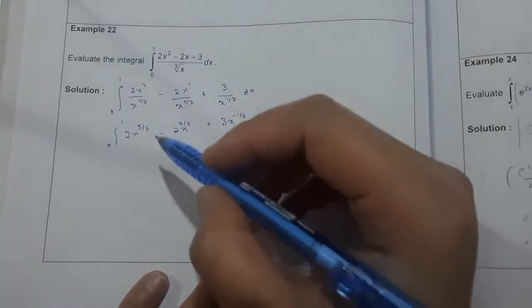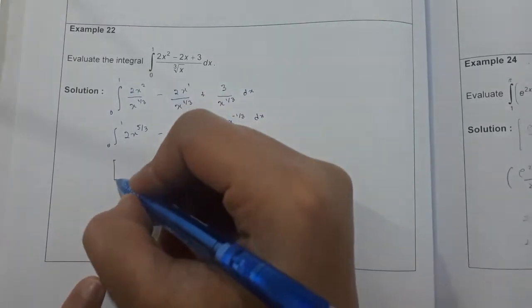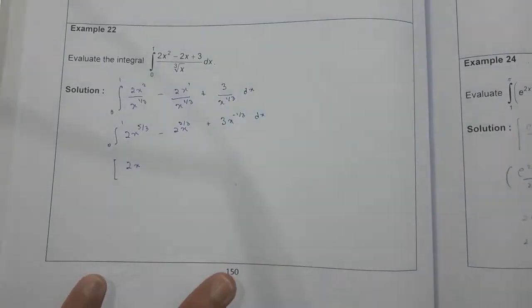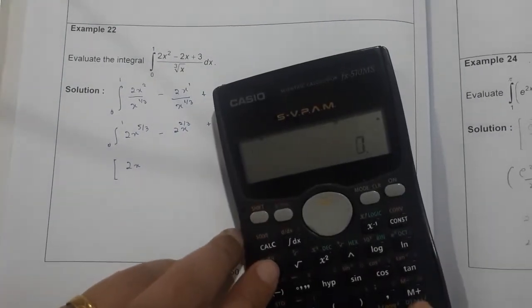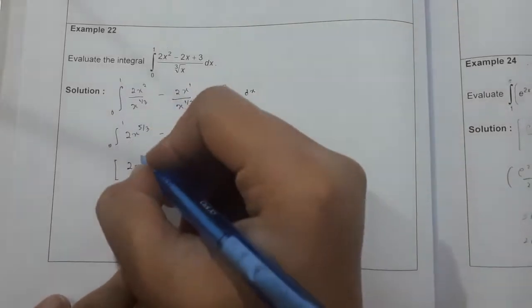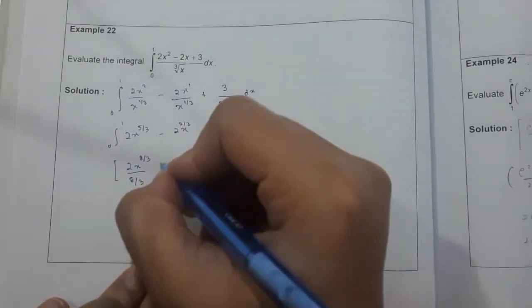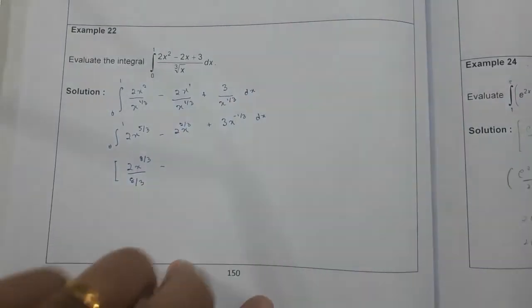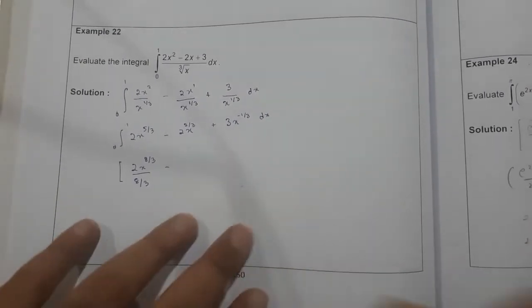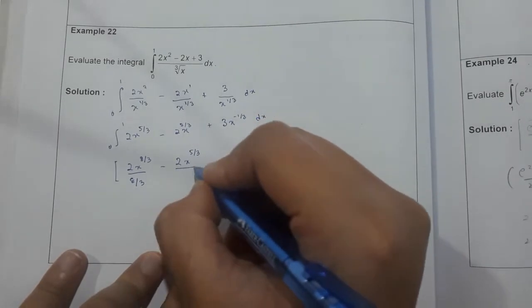So now we can integrate each term one by one, starting from the first term. 5 over 3 plus 1 is 8 over 3. 2 over 3 plus 1, we get 5 over 3.